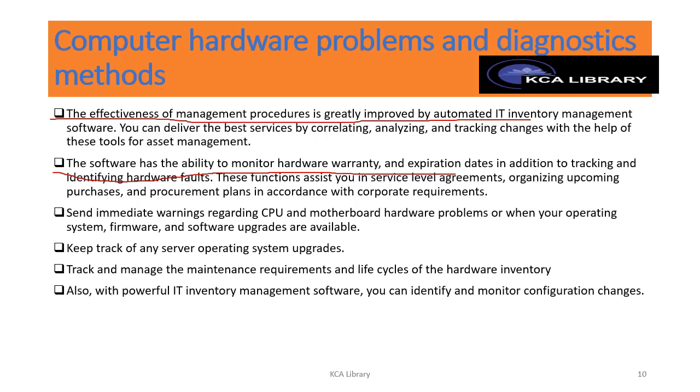So this software can tell you when the hardware is expiring. It can track all faults on the hardware. Any fault, let's say the CPU is not working, it can tell you. So you have to plan on procurement plans. If you see the hardware is totally failing, you can plan to replace it.